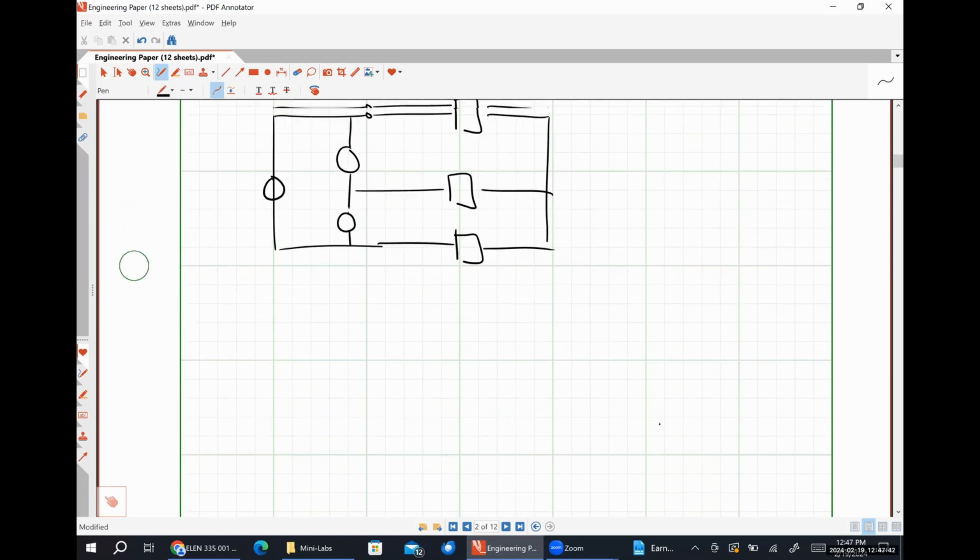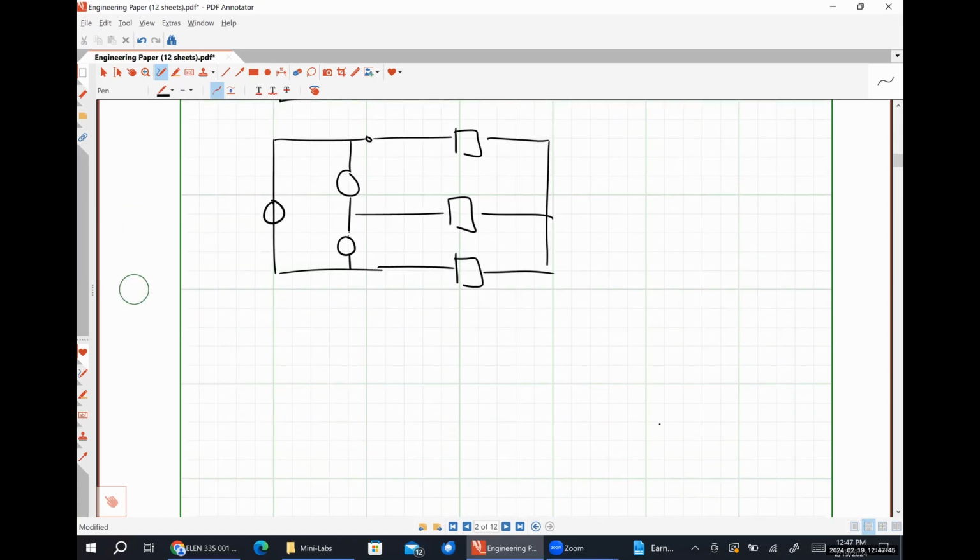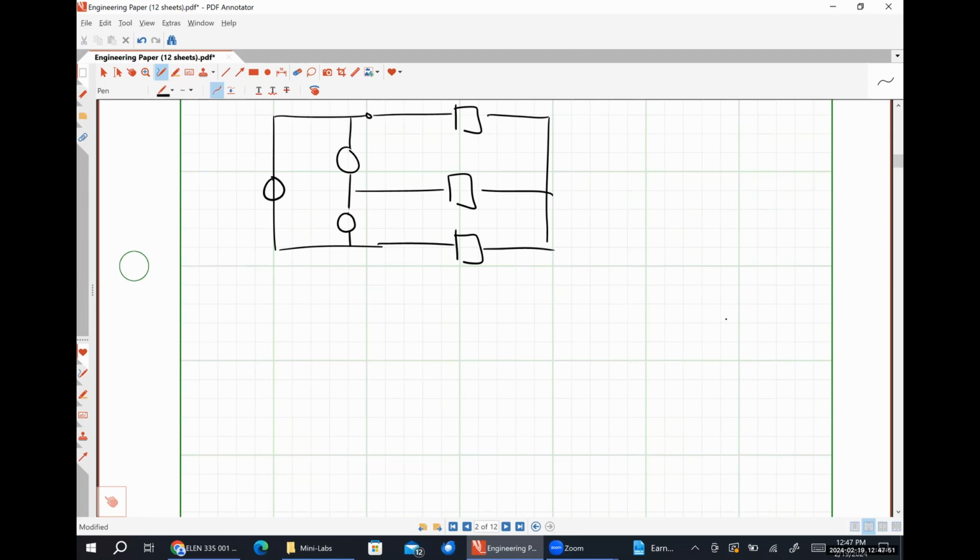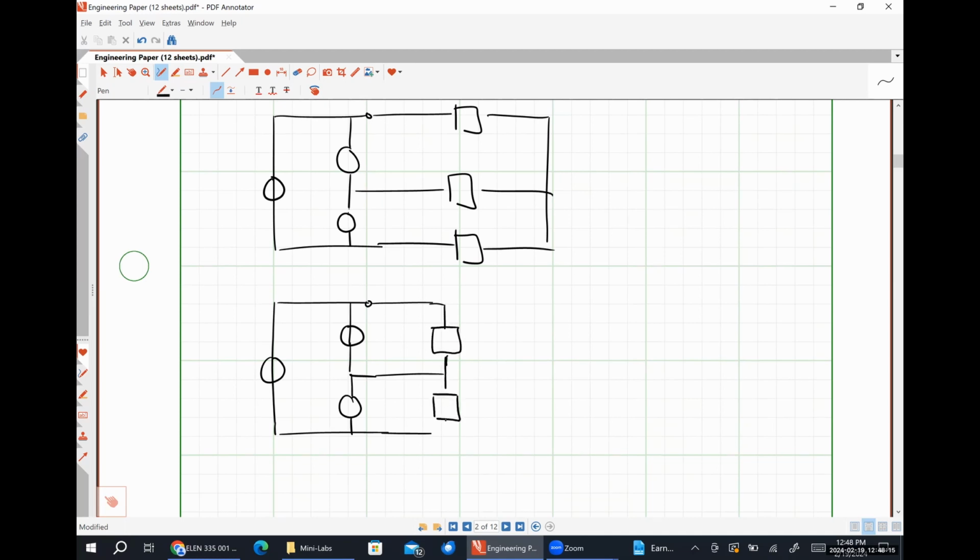And obviously if it were a delta connected source and a Y connected load, it would still be the exact same effective configuration. If I go delta delta, I wind up having four loops.